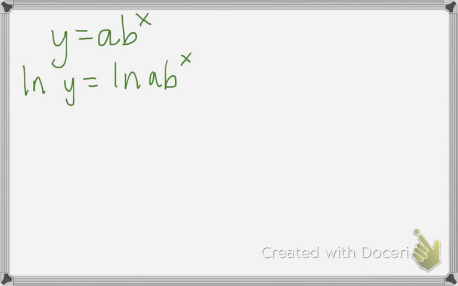Nothing special about why I'm choosing ln here rather than log base 10, other than I want you to look at ln and recall that there is such a thing as ln, the natural log. So let's see. If we do a little simplifying like we did before, we can split up ln a plus ln b to the x.